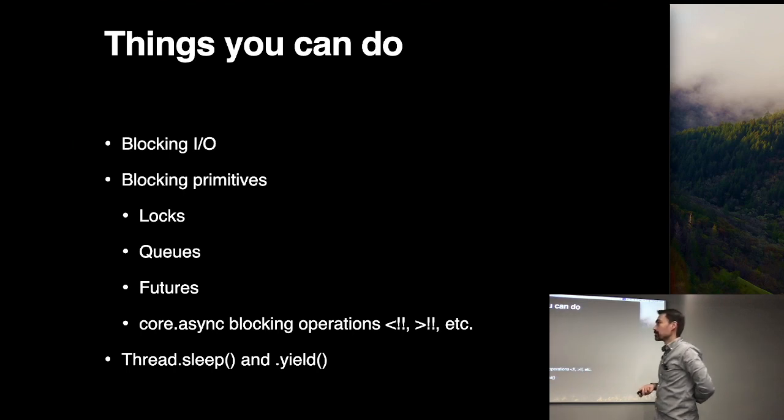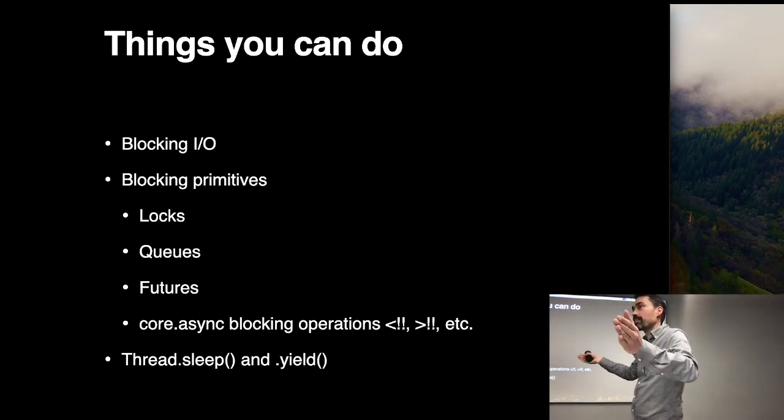Okay, things you can do. Blocking I/O. That was something you couldn't do with core.async go blocks, right? All of the java.io stuff, all the input streams and output streams, works well with virtual threads. So if you want to saturate your I/O bandwidth, you can do it with a lot of virtual threads.